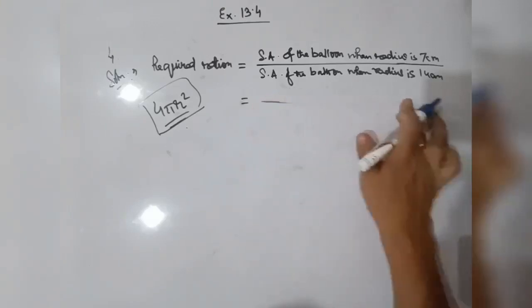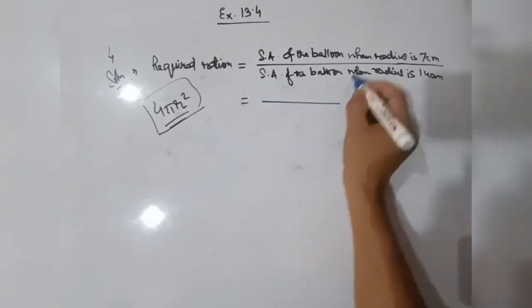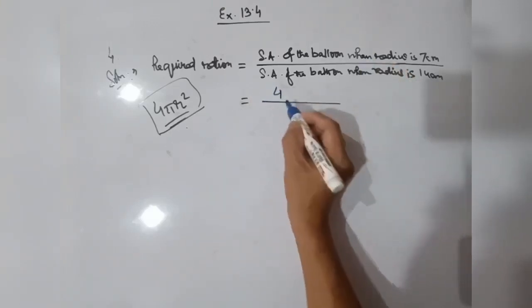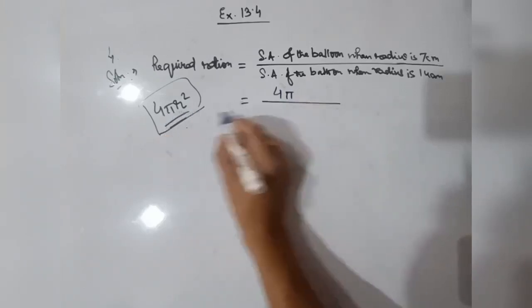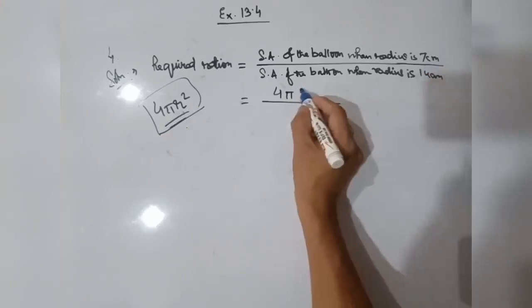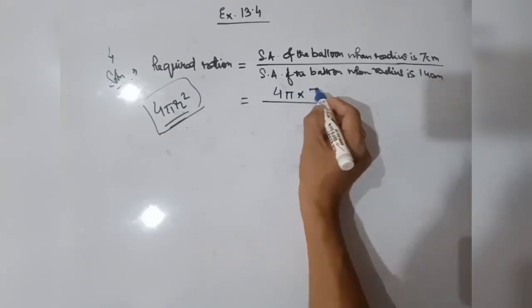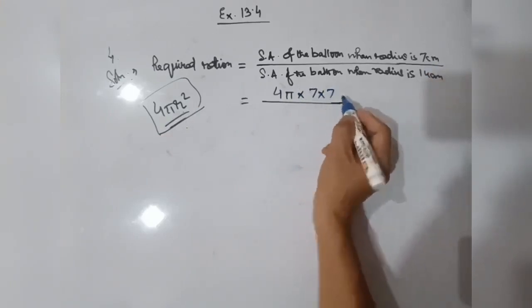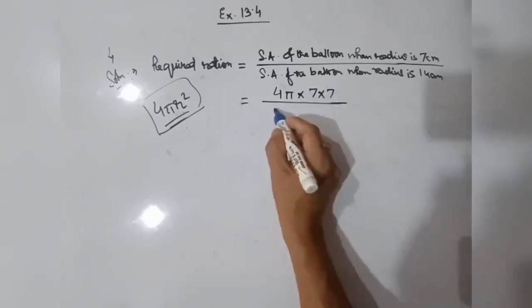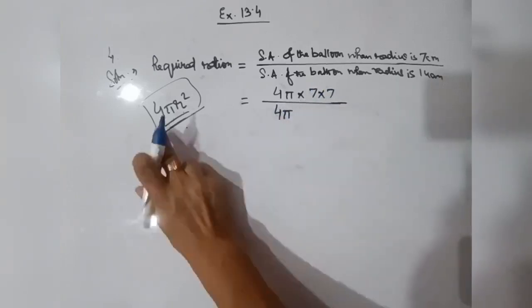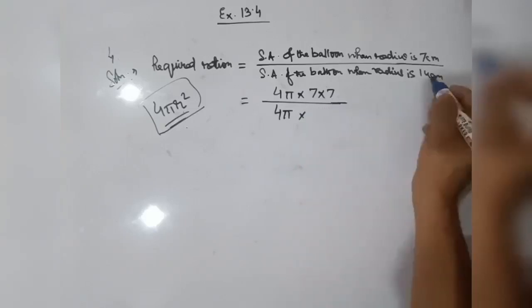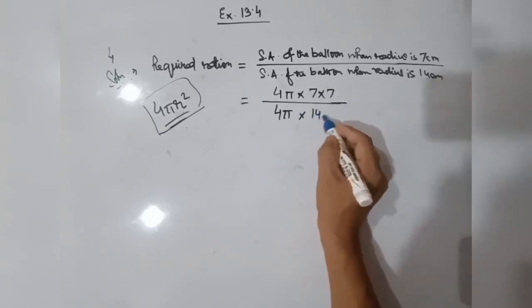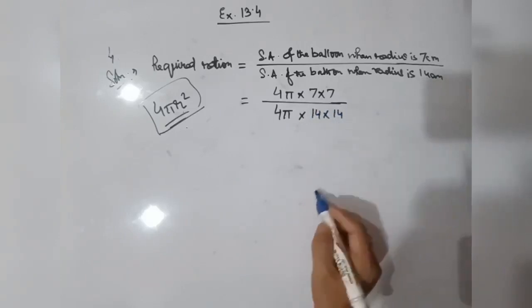The surface area for the first case will be 4 pi r square, where the value of r is 7 centimeter, so there will be 7 into 7. And for the second case, the surface area will be 4 pi r square, where r is 14, so there will be 14 into 14.